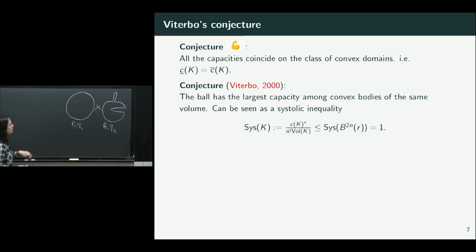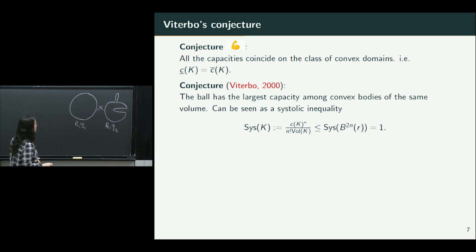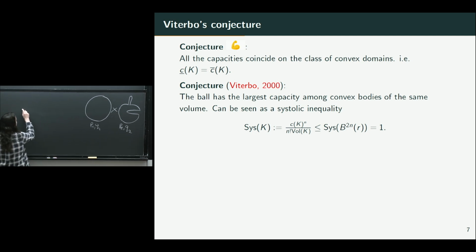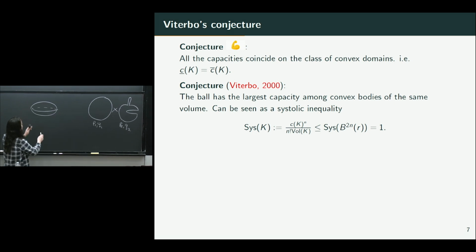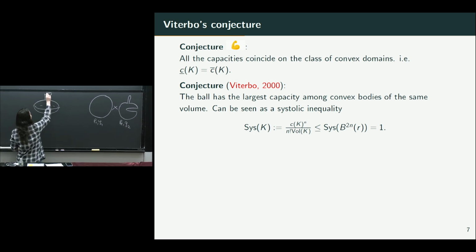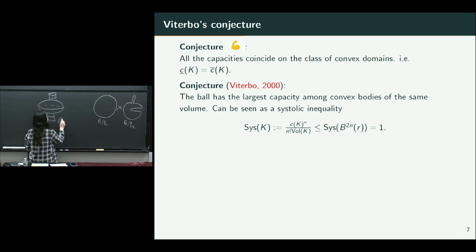So this would be one domain, and the second domain would be the ball, even though it looks a bit like an ellipsoid, but it's supposed to be a ball, union with a cylinder, let's say a chopped cylinder, so it would be finite. So this would be the union of a ball with a cylinder of a smaller radius. So I have two domains. They both are not convex.